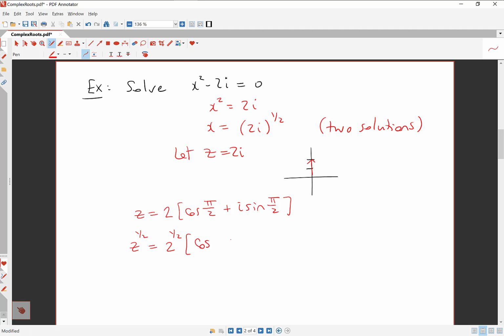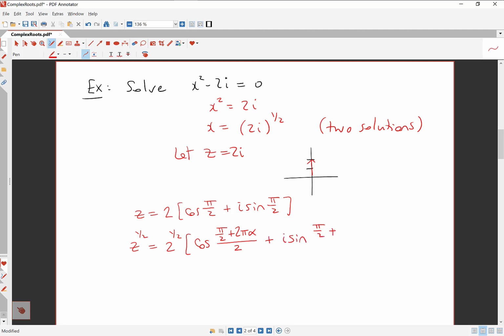So the angle inside the cosine becomes our original angle, which is pi over 2, plus 2 pi alpha, and that's all divided by n, where n describes the type of root that we're calculating. So if it's a square root, that would be n equal 2. Then we're saying plus i sine of that same angle.